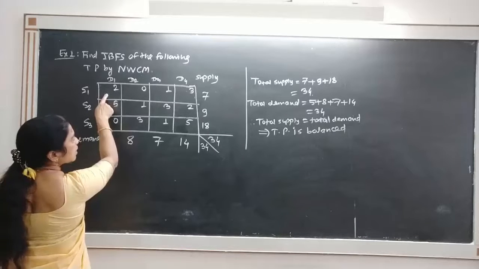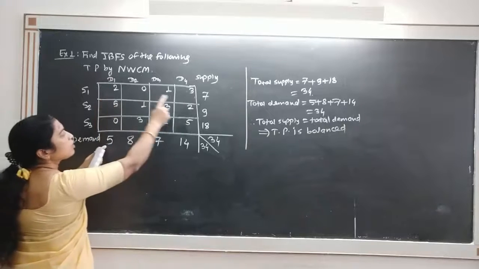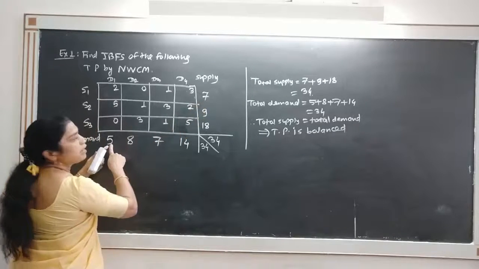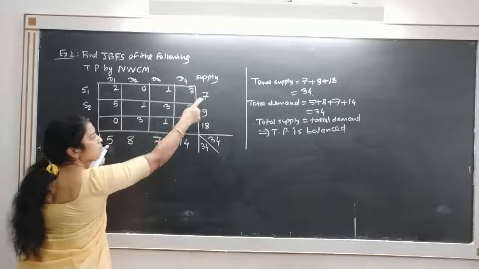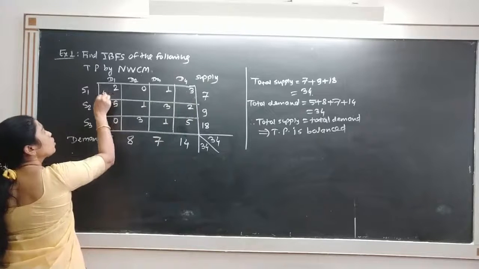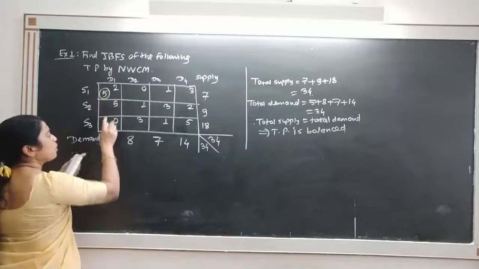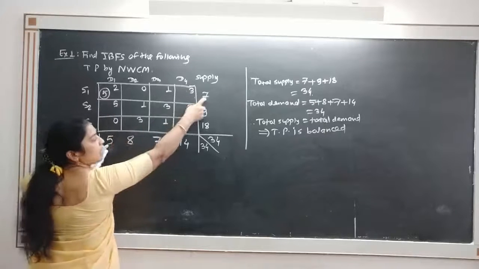Start with this cell and allocate the minimum of corresponding supply and demand. Supply is 7, demand is 5. The minimum of 7 and 5 is 5. So allocate here 5.